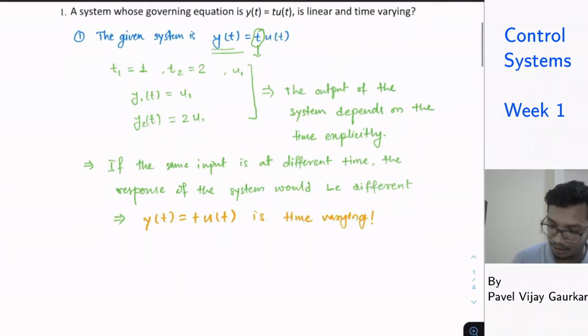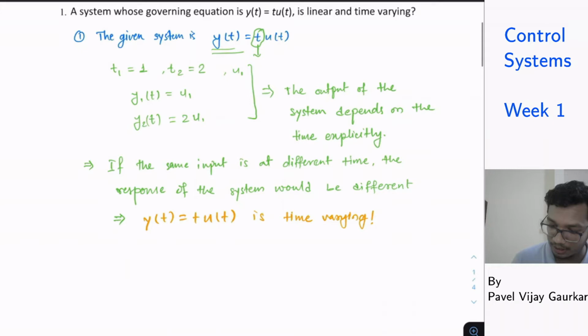Now coming to the second portion: is this system y of t equals t into u of t linear? A linear system will follow the principle of superposition. So when is a system linear?